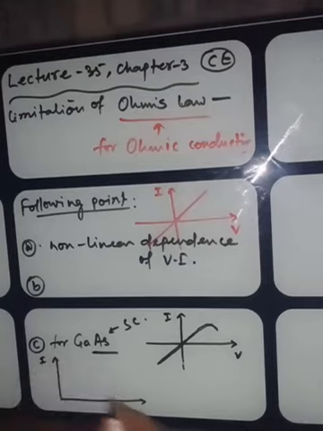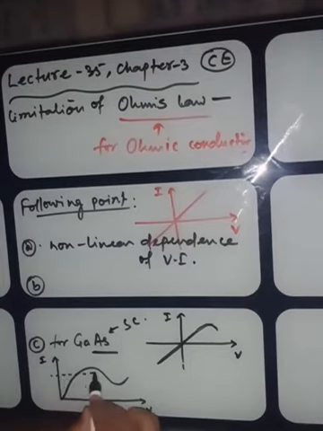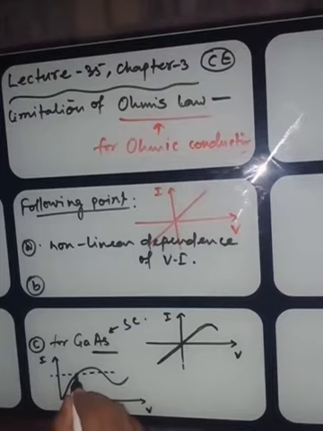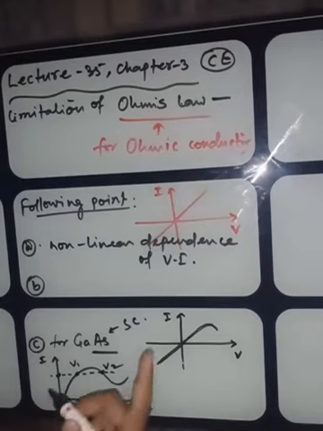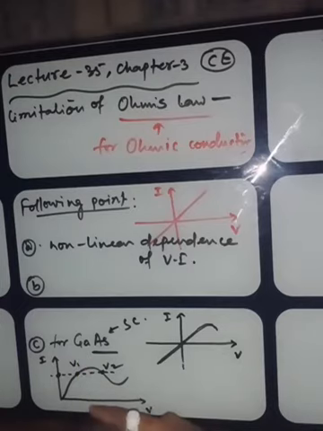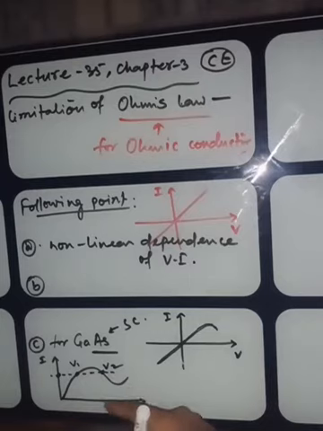This is the current and this is the voltage. If you draw a line parallel to the voltage axis, you will find two values of V, like V1 and V2, for one value of current, which is not possible for the ohmic conductor. If it shows such a graph, it is not obeying Ohm's law.